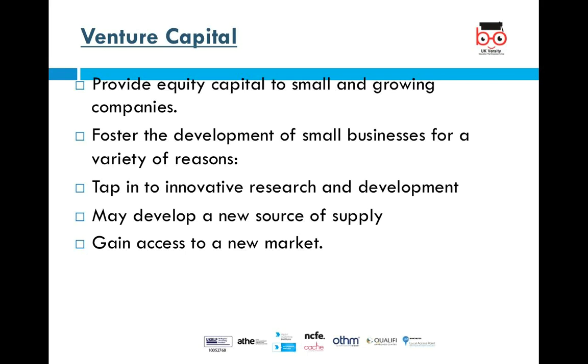And then venture capital provides equity capital to small and growing companies, fostering the development of small businesses for a variety of reasons. Nowadays it is a very hot topic for venture capital research and for research and development, R&D. Venture capital may develop a new source of supply for financing, and is very attractive for gaining access to a new market.